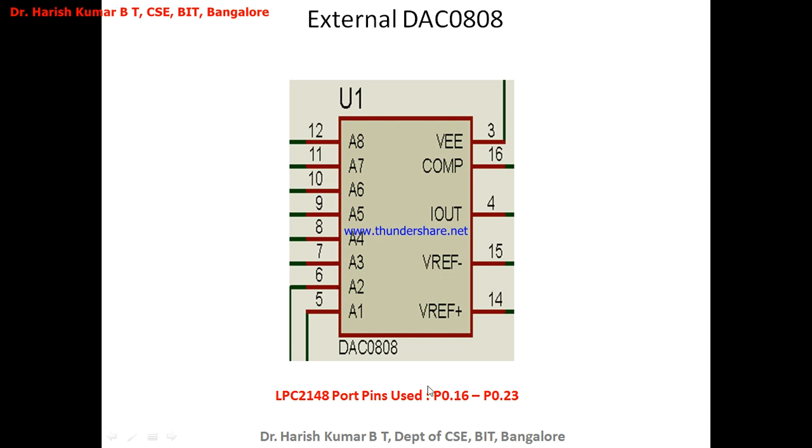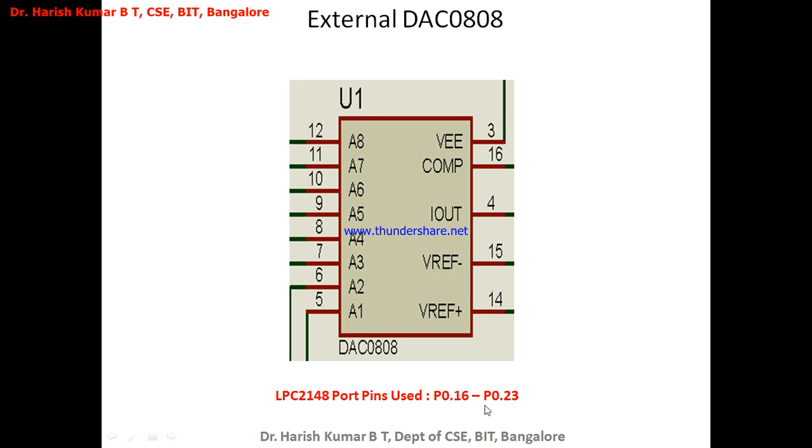These pins of this DAC are connected to P0.16 to P0.23, because A1 is connected to P0.16, A2 is connected to P0.17, A3 is connected to P0.18, A4 is connected to P0.19, and similarly A8 is connected to P0.23. From 16 to 23, how many? 8: 16, 17, 18, 19, 20, 21, 22, 23. 8 pins are there.